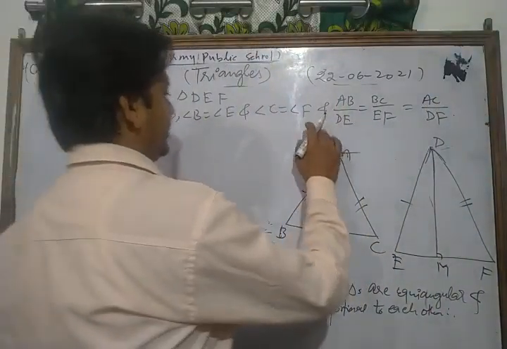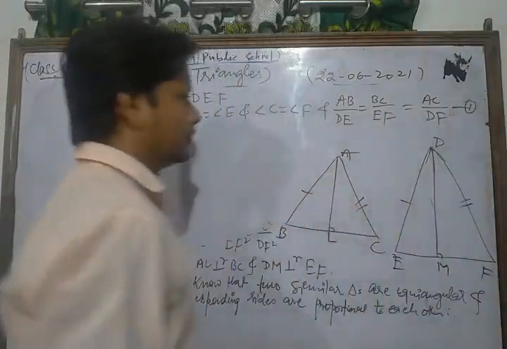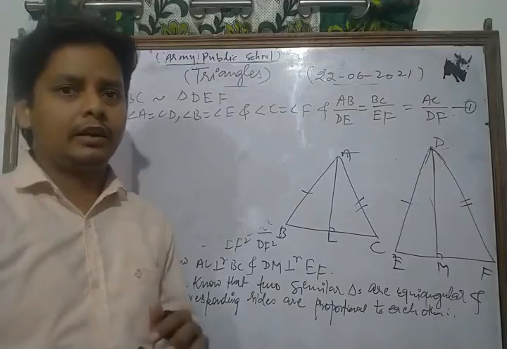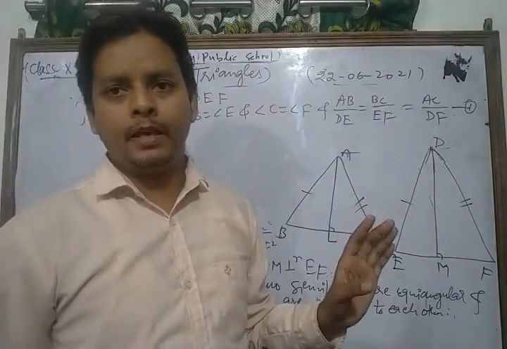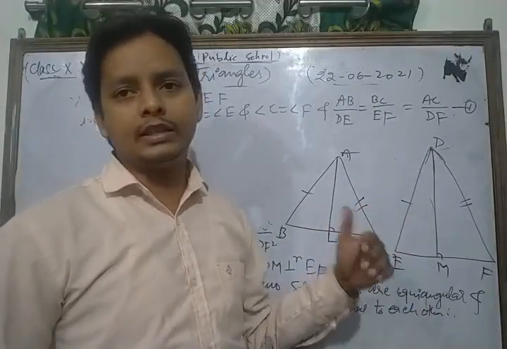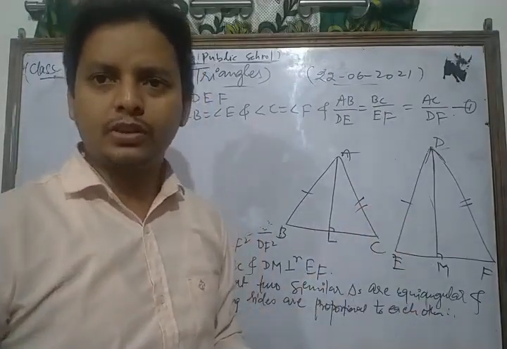Let this be equation number 1. So by the concept of similarity we have this information, and we have to show that the ratio of the areas of these two triangles is equal to the square of the ratio of their corresponding sides.